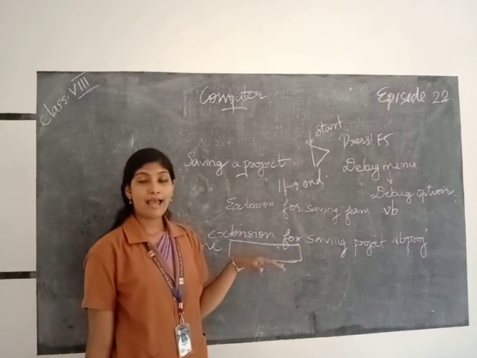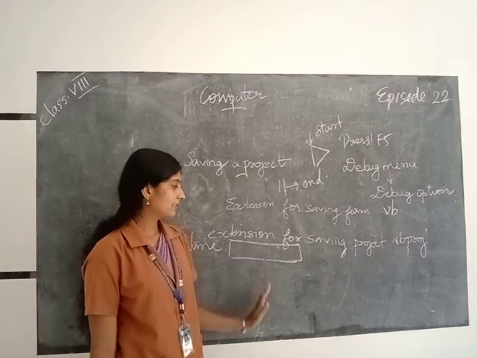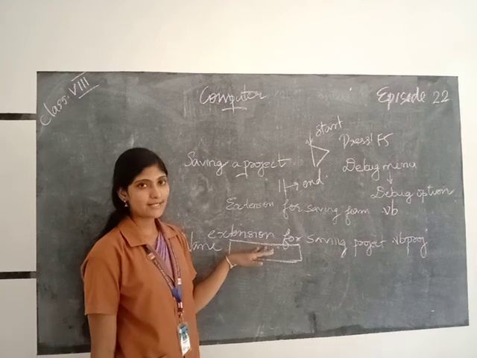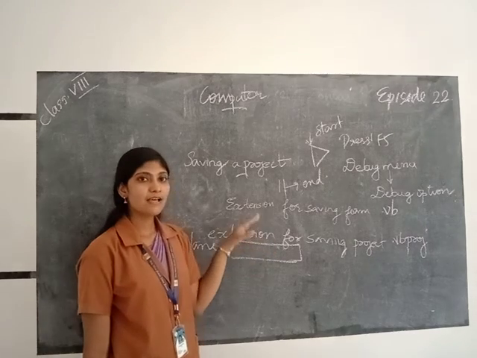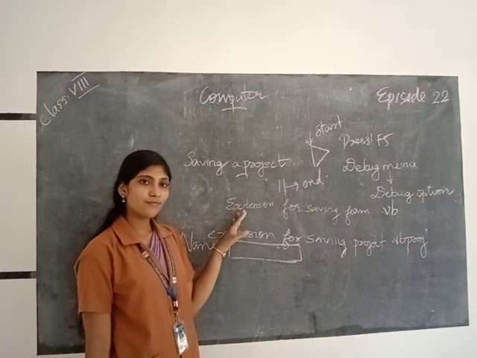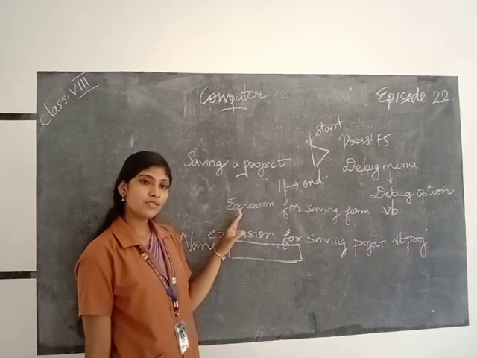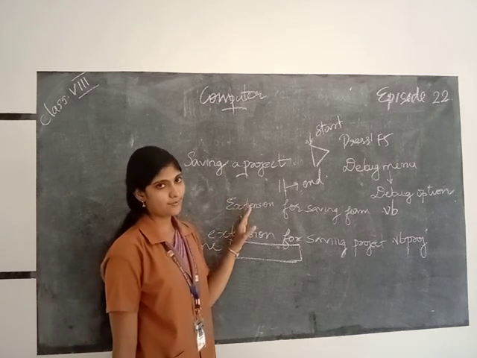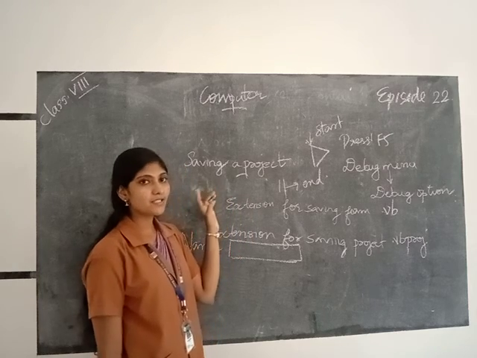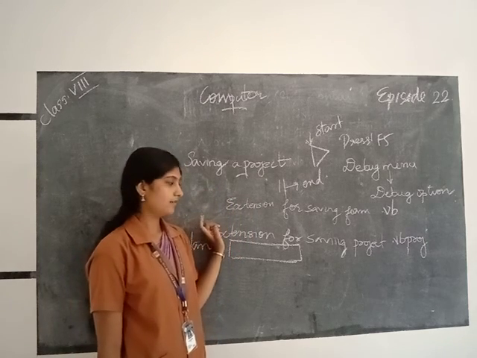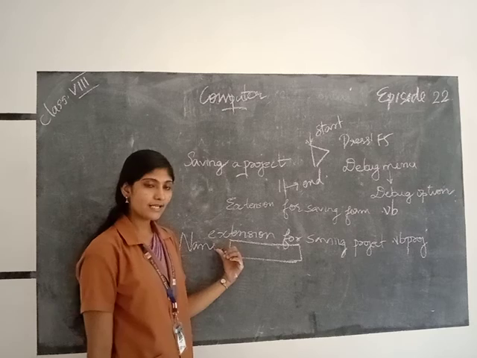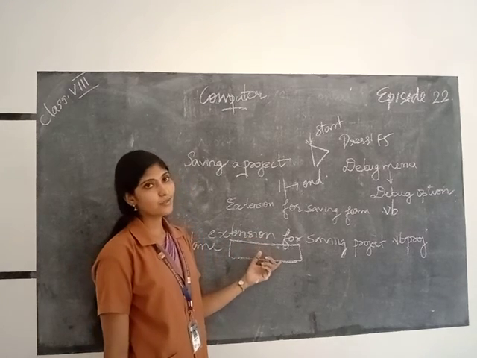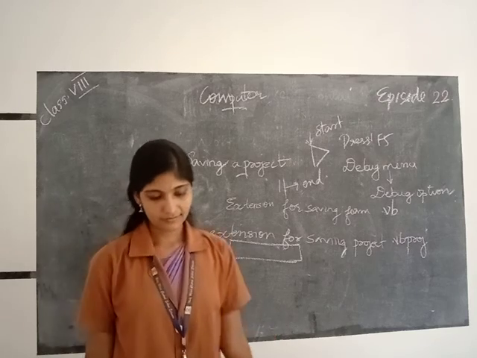And you can add multiple lines using a text area. Label means it defines text that the user does not change during the running process. For that purpose, we can use label control. Here the name control, or the text box control, is where you can enter, that means the user can enter during the running.